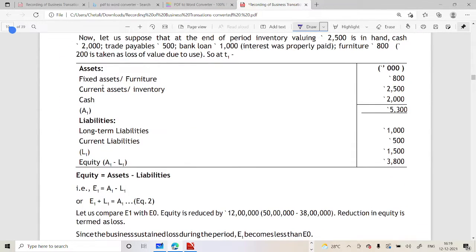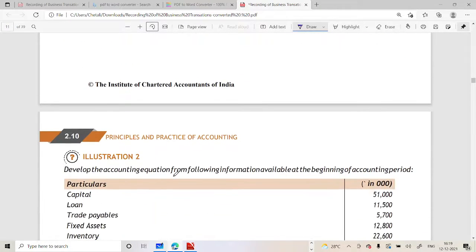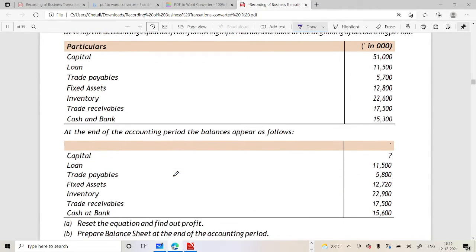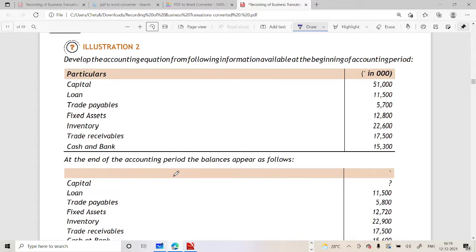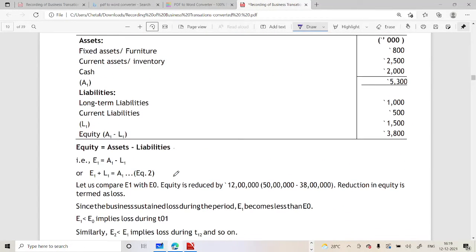You have this data. So how are you going to calculate? Let's calculate it. Assets and liabilities.